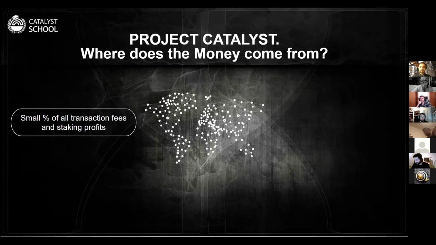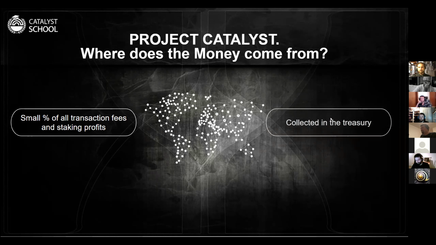Built into the algorithm of Cardano transactions, there is a 20% fee that takes 20% of the transaction fee and sends it to a treasury, which is the Catalyst Treasury, which currently holds more than $1 billion worth of ADA.